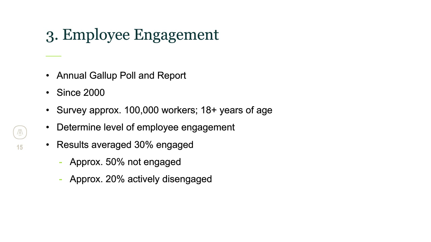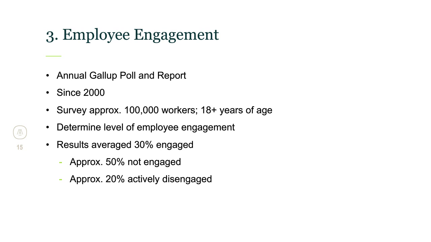You're doing your job, you may even be doing a good job in your role, but you're not really invested in what you're doing. You're just punching the time clock. And the 20% actively disengaged are the individuals in an organization who are actively working against us. This place is not a good place to work. They're spreading discontent.